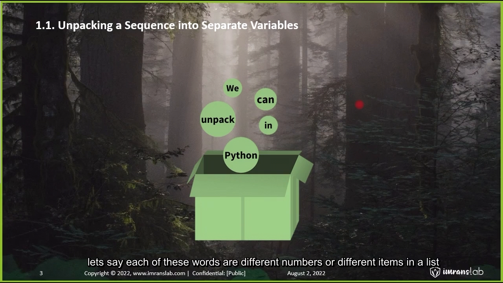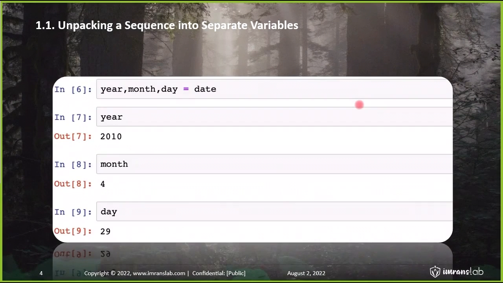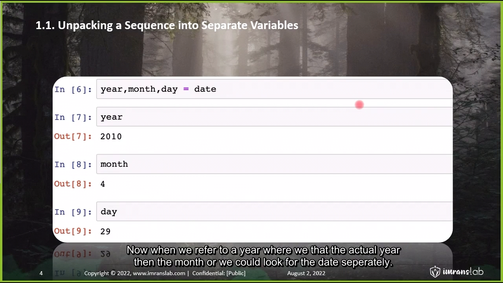Let's say each of these words are different items in a list, and we want to assign these individual items to other variables that we can later on use individually. It could look something like that, like in a list we saved the year, the month, and a day of the date. Now when we refer to a year, we would get the actual year, then the month, or we could look for the day separately.